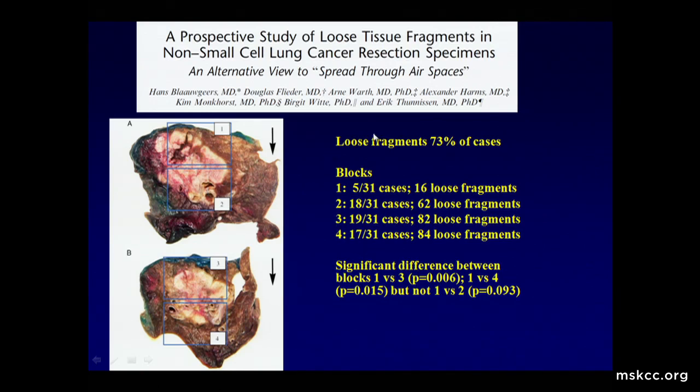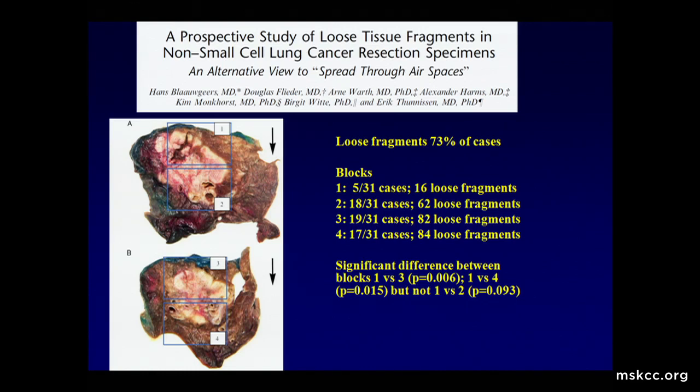And their percentage of finding these loose fragments was in 73% of cases, which is about twice the percentage of most of the studies that report STAS. So I think they recognize STAS, didn't call it that, and then there's a lot of other stuff that they're including in their study.